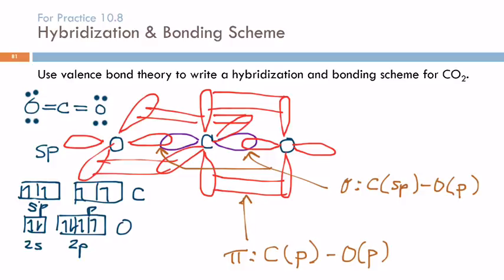Why is one p and the other sp? The carbon uses an sp hybridized orbital because there are 2 electron groups here. We're using VSEPR theory to assist us in doing valence bond theory without doing lots of calculations on a big, powerful computer. So this 2 groups tells me sp.